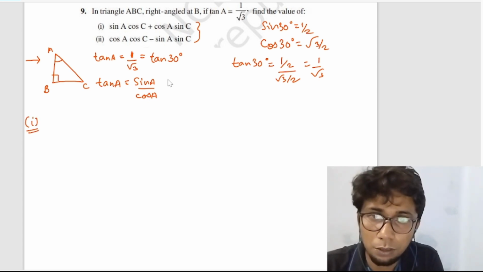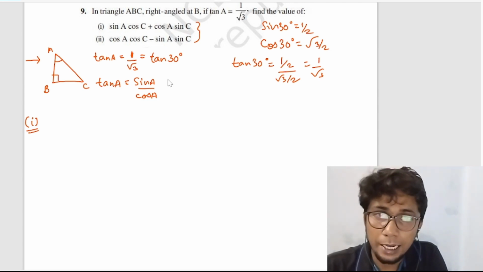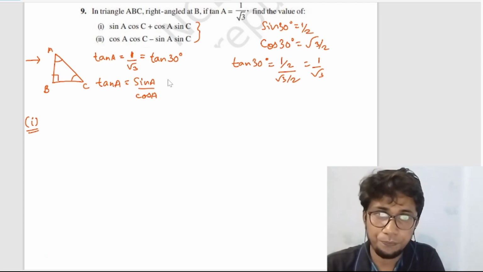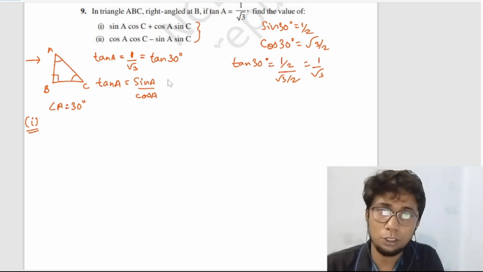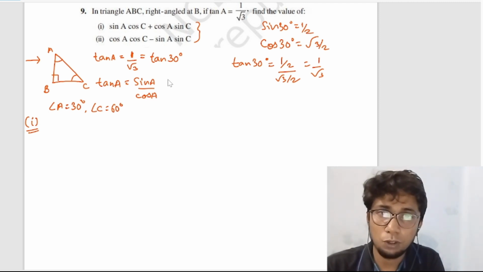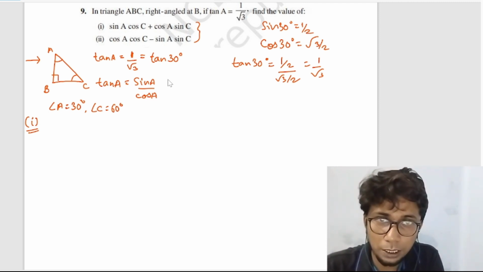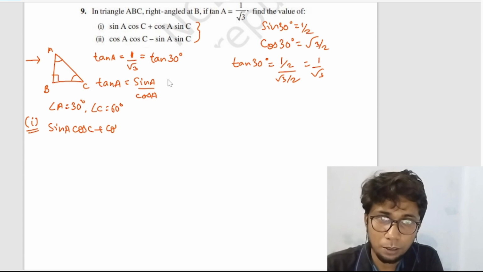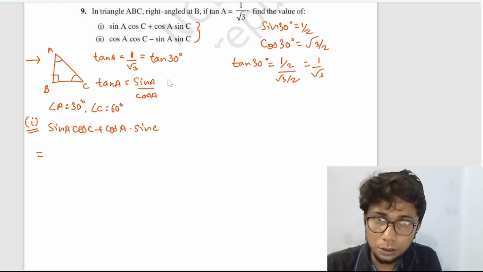Now it is easy to calculate the values, to put the values in the expression. See, A is 30. What does that mean? That means C will be 60. Right? Angle A you found it to be 30. That means angle C will be 60 degrees. Now what do you have to calculate? You have to first calculate sin A cos C plus cos A sin C. What is sin A?